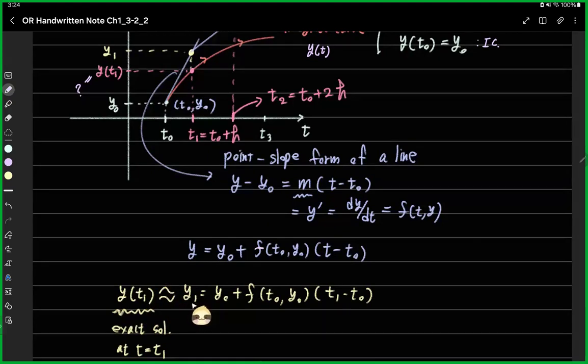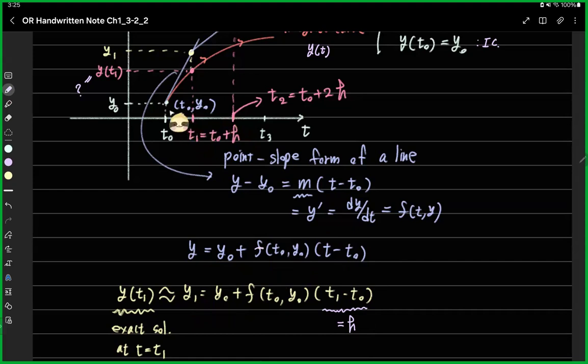y sub 1 is just the evaluation of that tangent line, the equation of the tangent line at t equals t1, so right here. And then we see that t sub 1 minus t0 is actually h, okay? h is what? The difference between t0 and t1, right? Okay, and then what about t2 and the difference between t2 and t1?